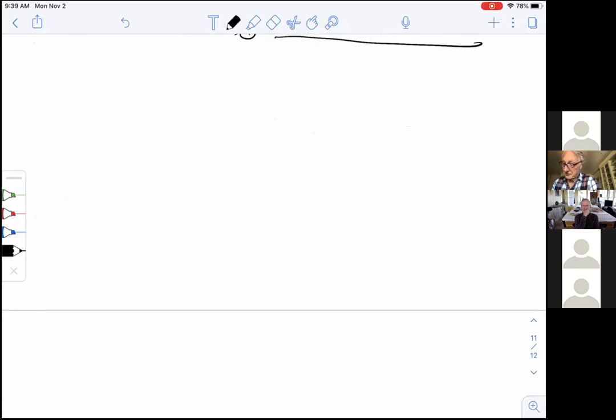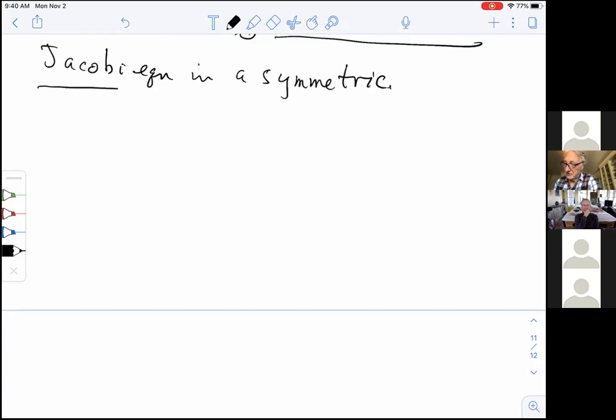So I'm going to stop with the special case of the unitary group and just study for a while the loop space, and in particular the Jacobi equation in a symmetric space. It becomes a much easier discussion in a symmetric space.